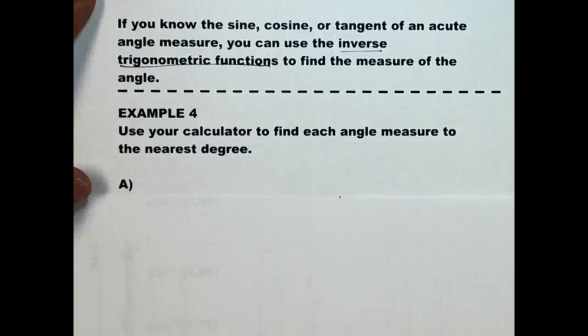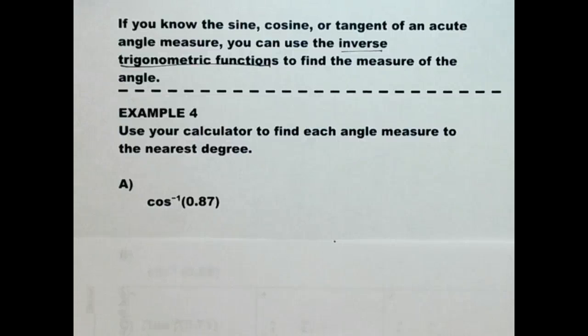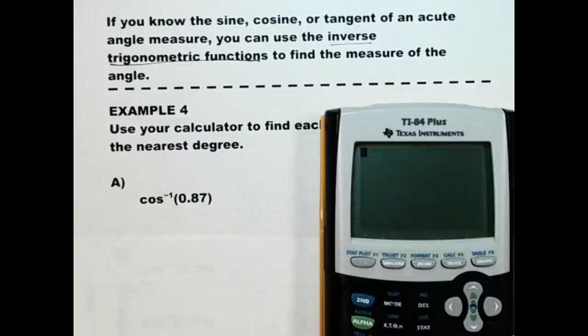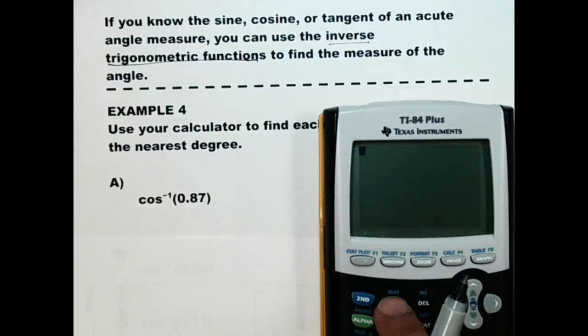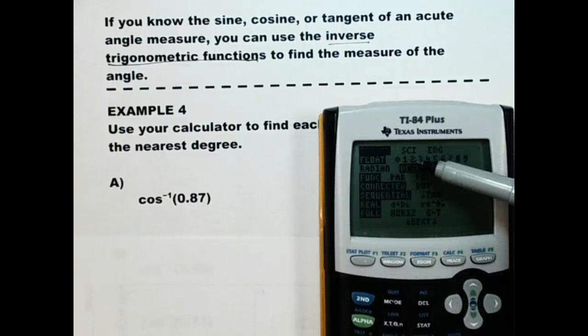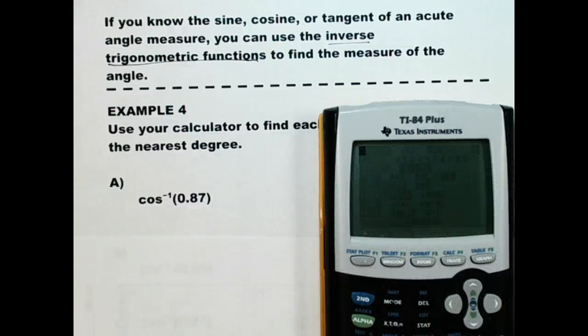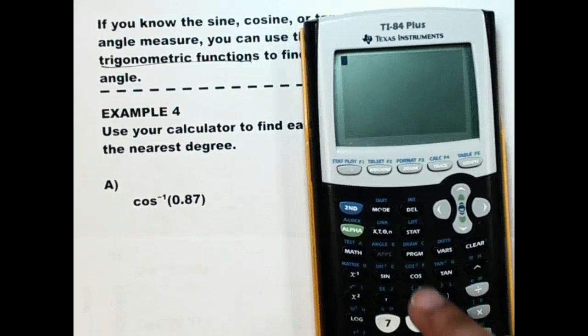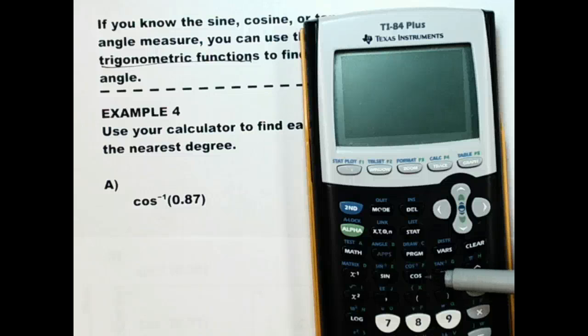So we're going to start off very simply by using the calculator for this. Again, you want to make sure that your calculator is set to degrees. So you hit the mode button. This third row, degree, has to be selected. Then you hit the second button, and then whatever trig function you're using, either sine, cosine, or tangent.